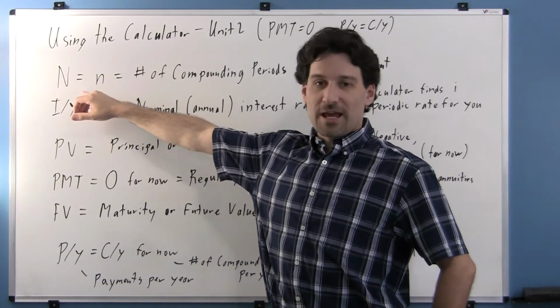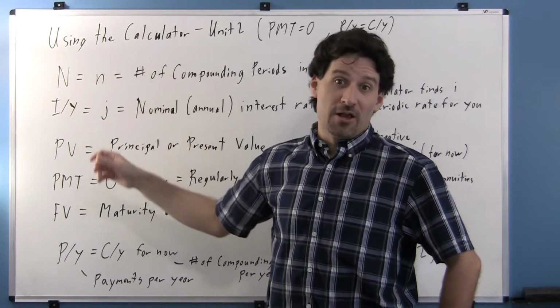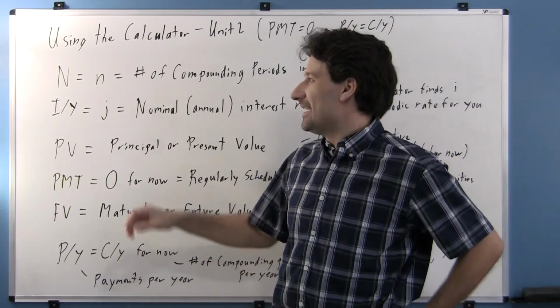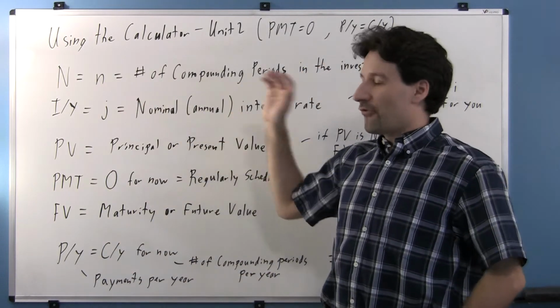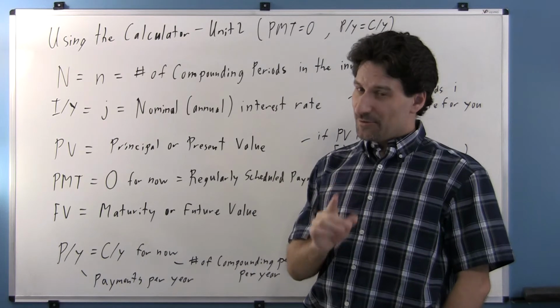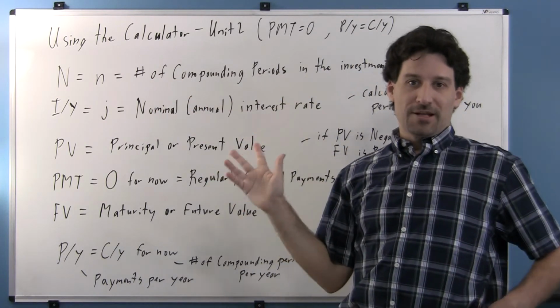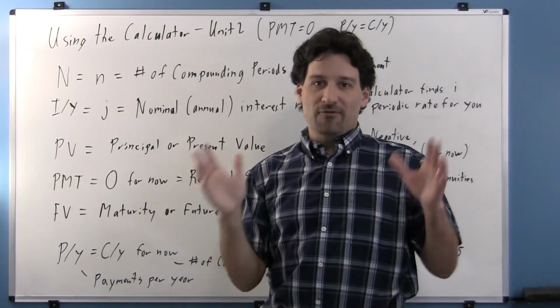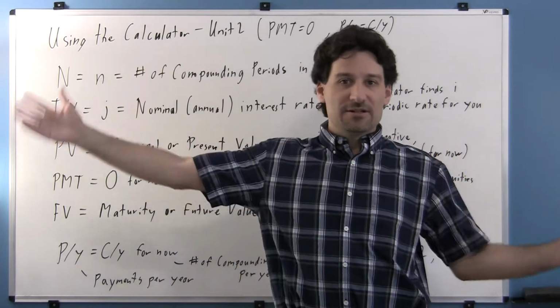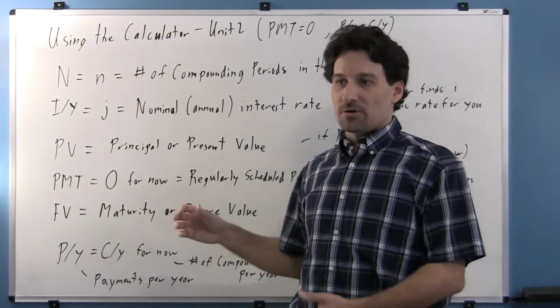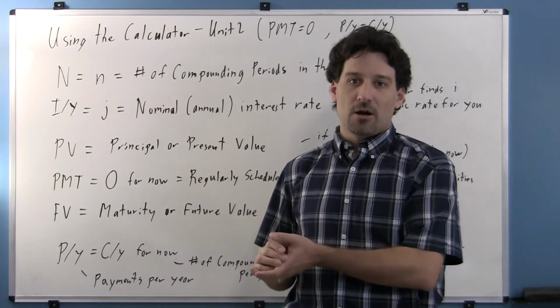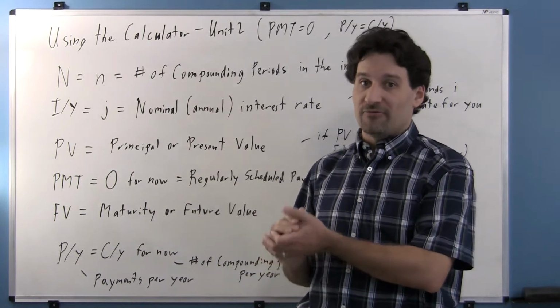Capital N is equal to small n. That's easy. N is N. For our purposes, for this unit, N is the number of compounding periods in the investment. So, whether it's half of a year, or 7 years, or 20 years, we're curious how many times the money would compound over the length of that investment.